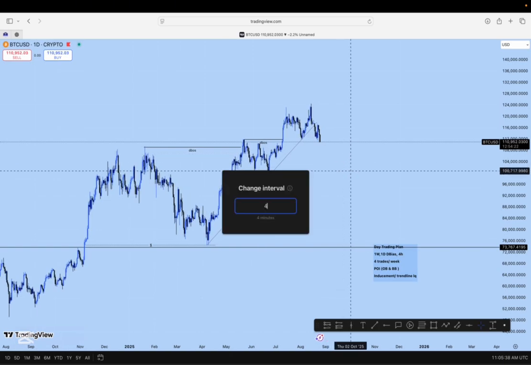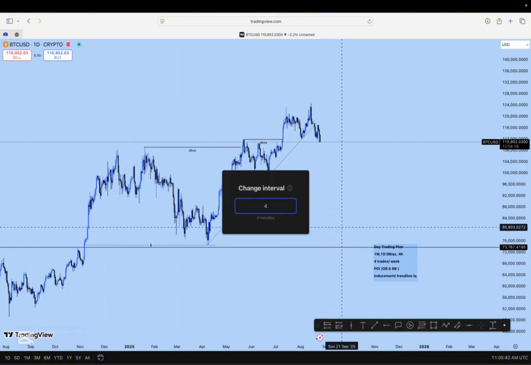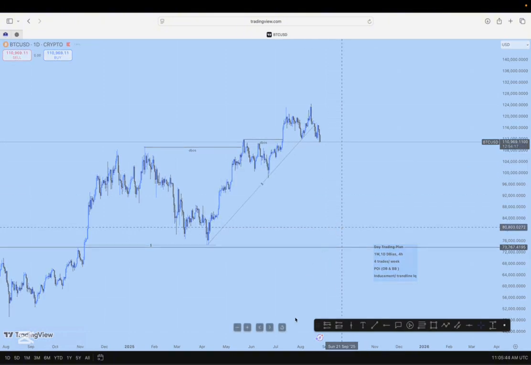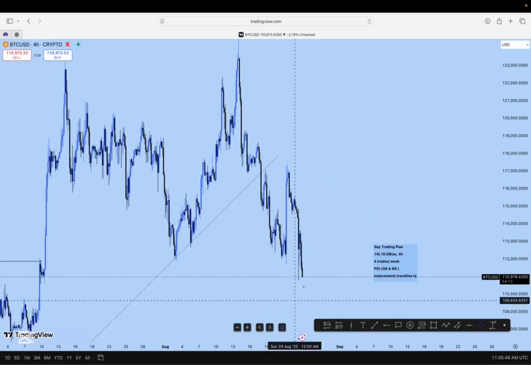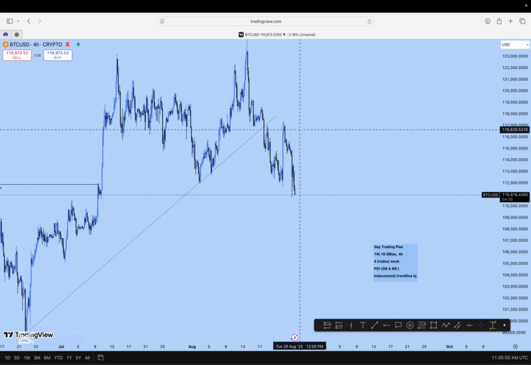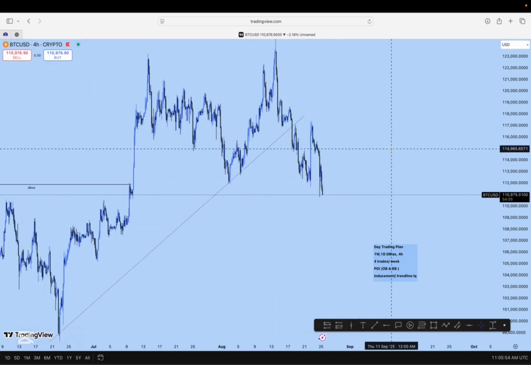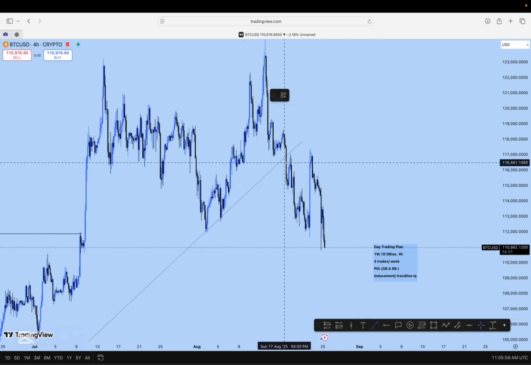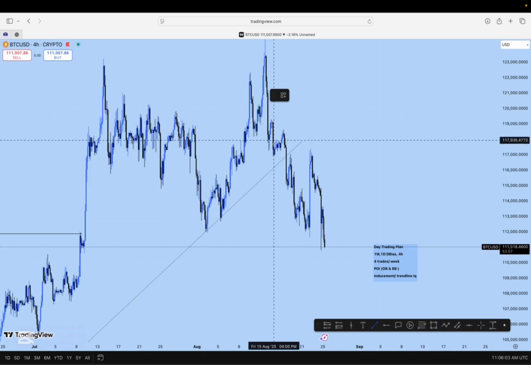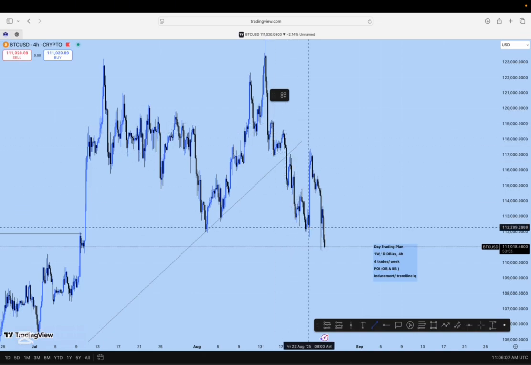Let me go to 4 hour to give you the trade I missed. This sell trade, I was supposed to take this sell trade. It was very, very simple. Price has been trending down, creating lower lows, lower high, lower low, lower high, lower low, lower high, lower low, lower high, lower low.